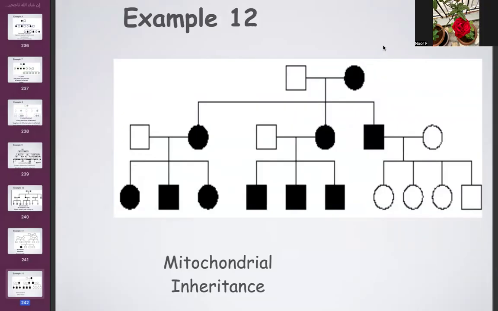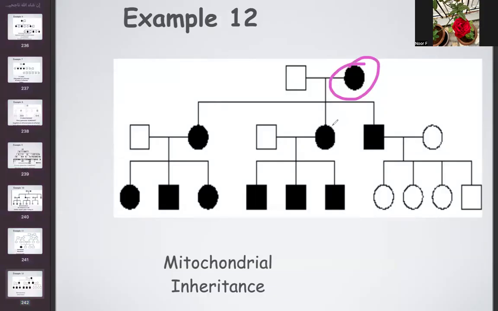No, sorry. Mitochondrial inheritance, because here this is transmitted from the female. It is transmitted from the female to the female and male, but from the male it is not transmitted. What is the clue for mitochondrial inheritance here?